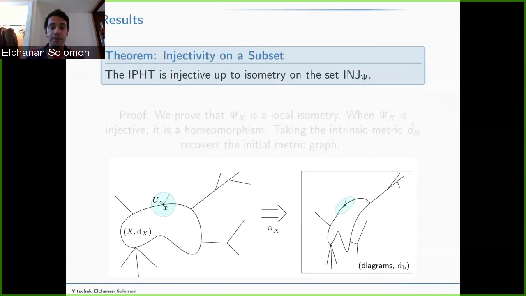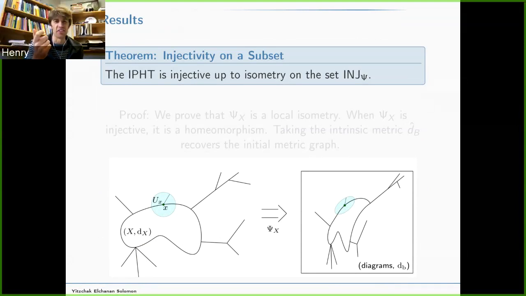So the first result you can show is that if you restrict yourself to this subset of graphs for which the map psi is injective, then in fact the transform is injective on that set. So you're in Inj sub psi, those are all the graphs where at each point all the persistence diagrams you get at different points are different. Exactly.